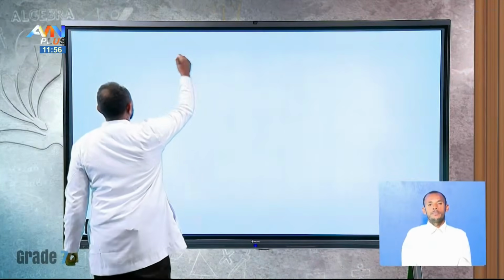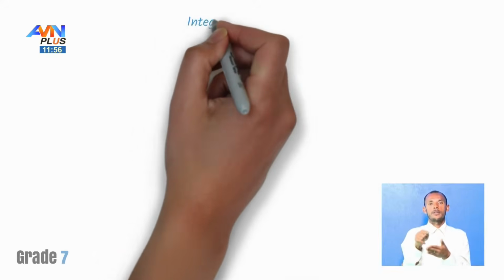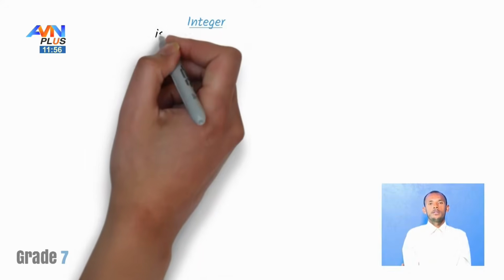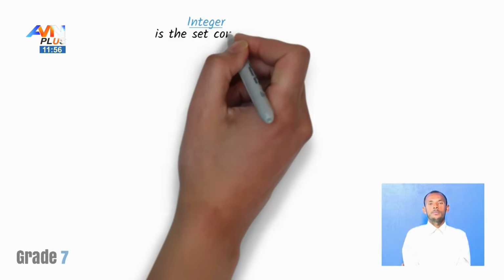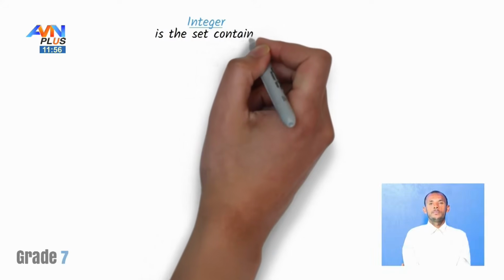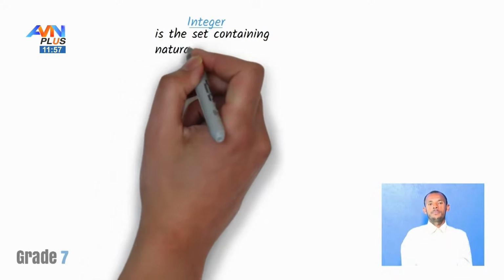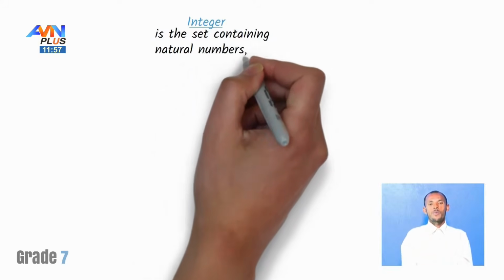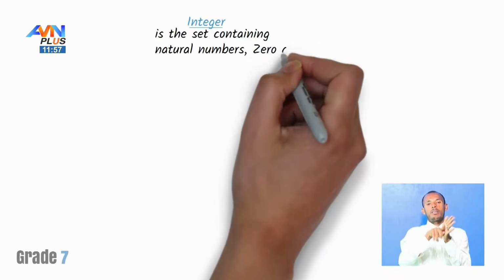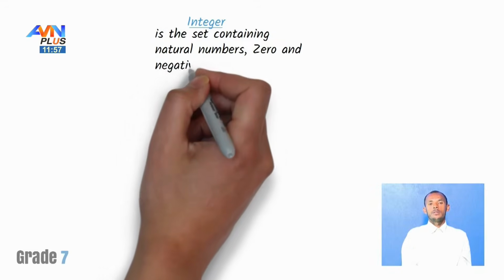That's it. Now, we are ready to define the set of integers. Let's proceed to that. So, definition. The set of integers is the set containing natural numbers, 0, and negative of natural numbers.